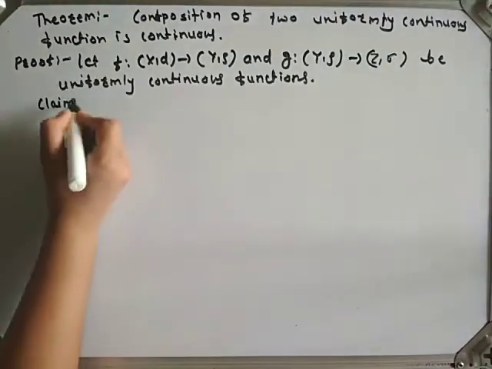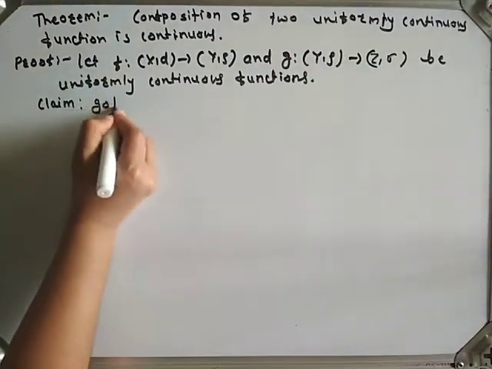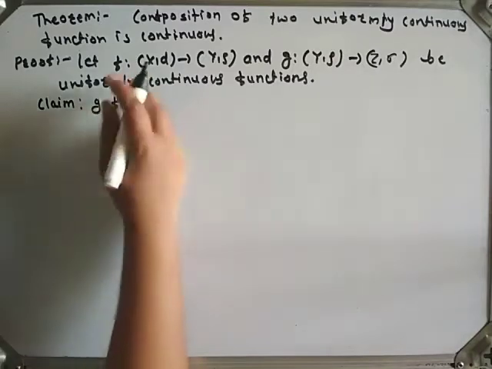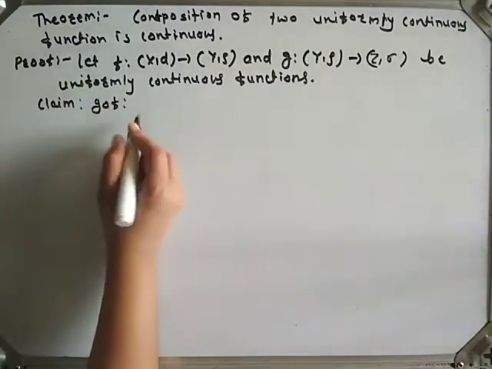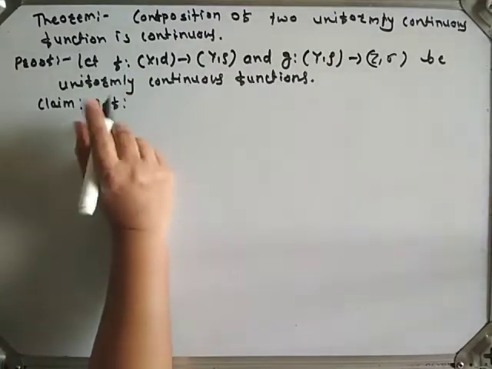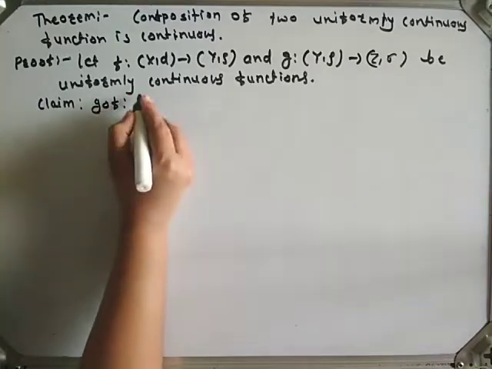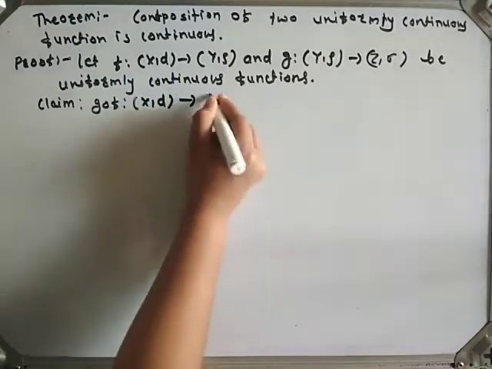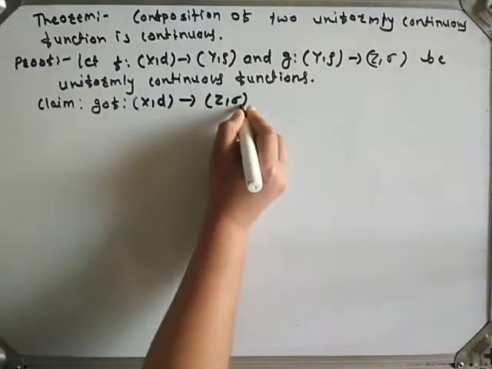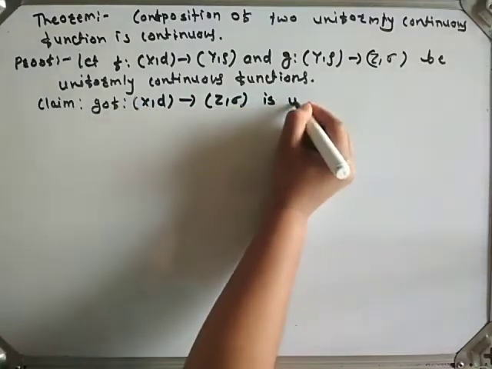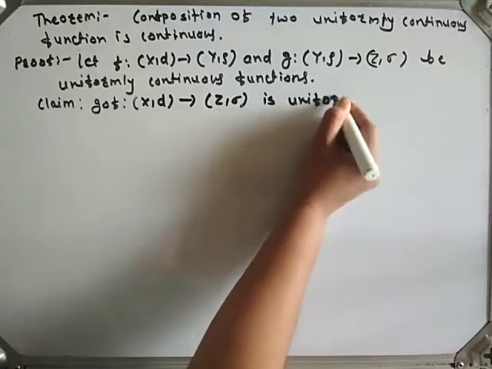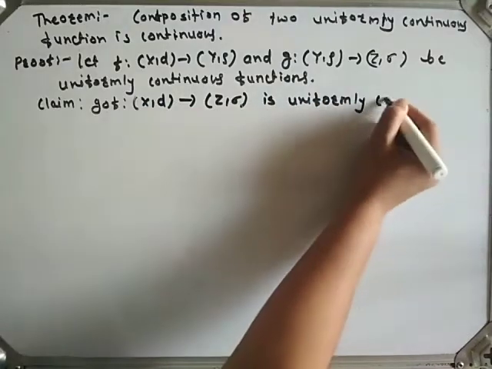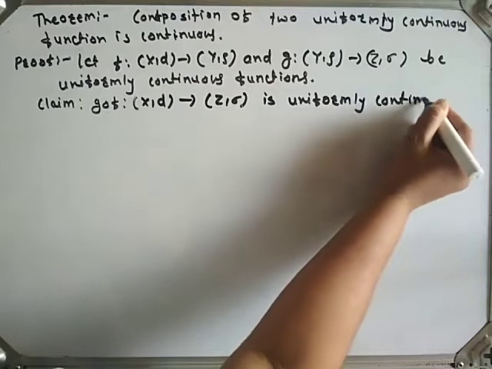Our claim is that g composite f, the composition of f and g, which is a function from (X, d) to (Z, sigma), is uniformly continuous.